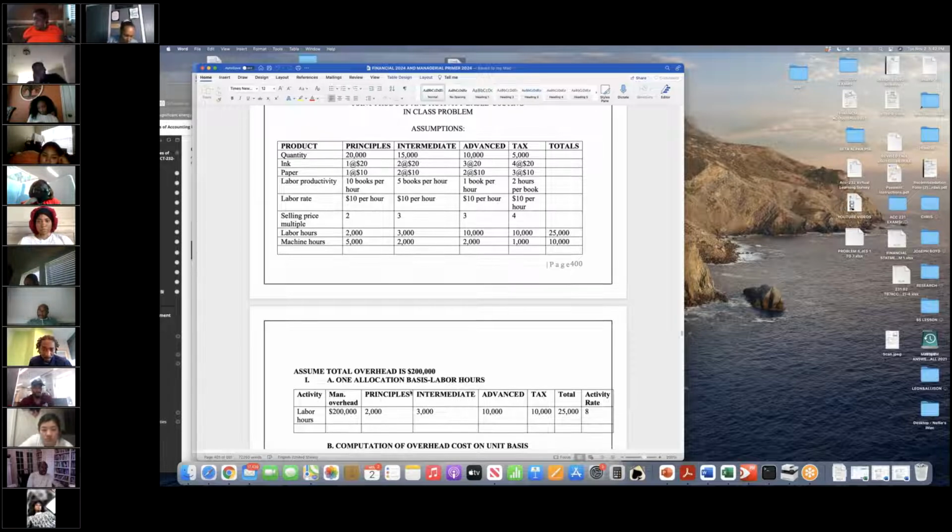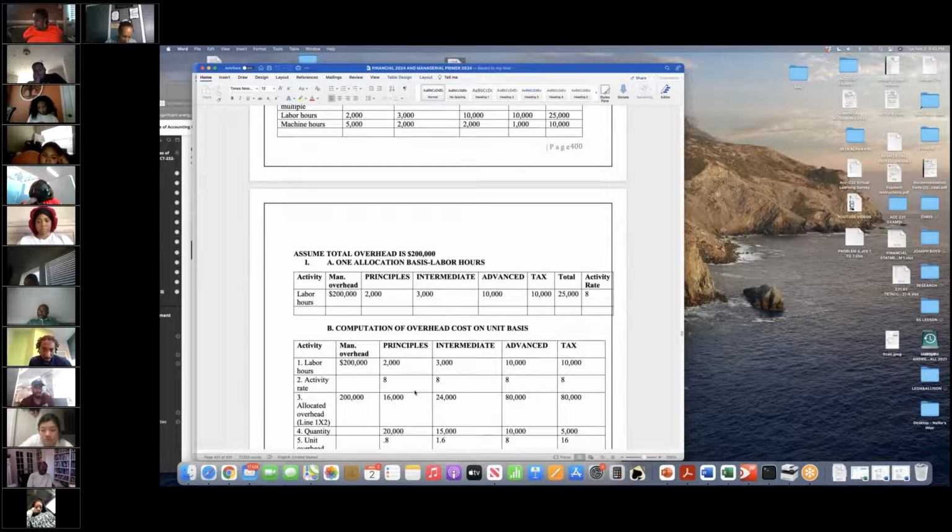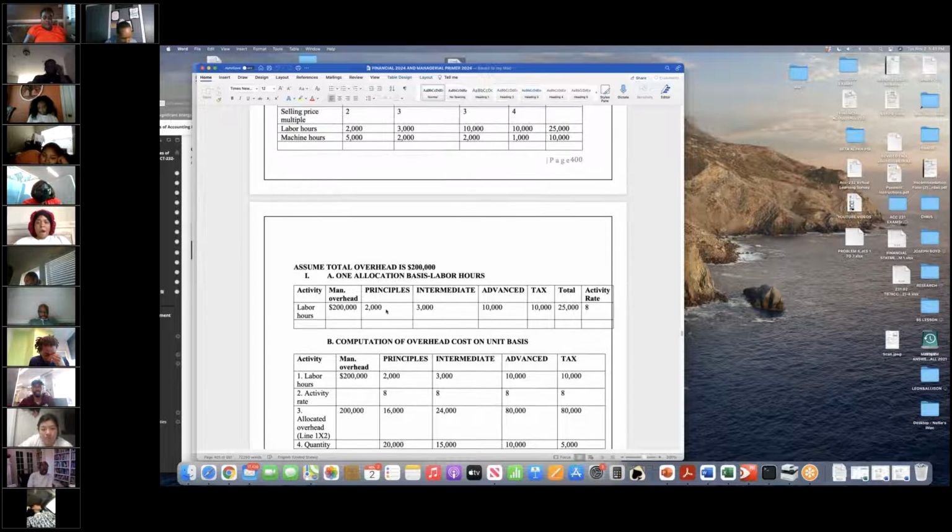Okay. All right, let's look at the principles book. Once we get this activity rate of 8, the amount of overhead that we're going to allocate, we're going to look at the labor hours, so we just bring the 2,000 down.